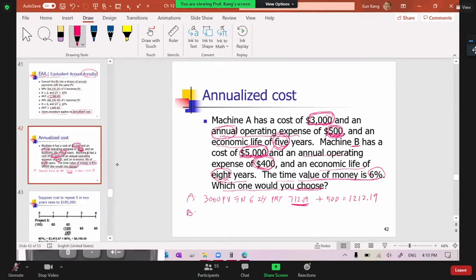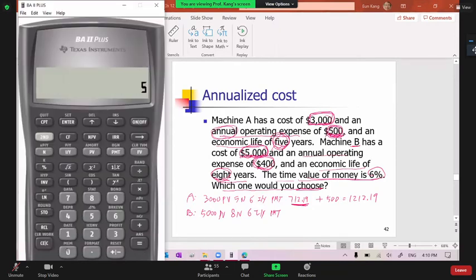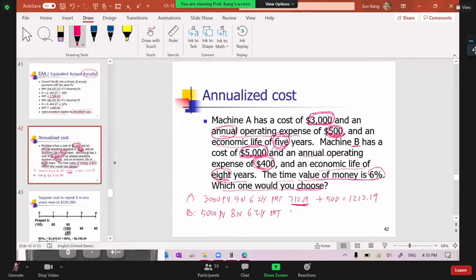And then B, 5,000 present value, 8 years, so 8 N, 6 I/Y, and payment, then what? 5,000 present value, 8 N, 6 I/Y is already there, so 805.18. Add 400, that is what? 1205.